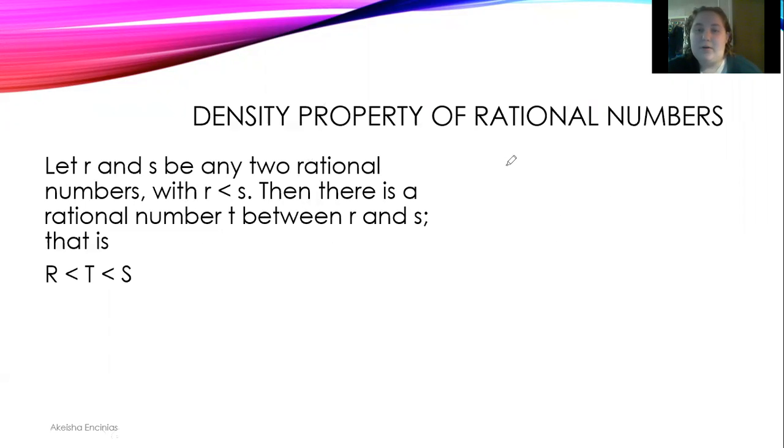So let's say R is 2/3, and S is going to be 3/4. So we got to find T, which will be between R and S.